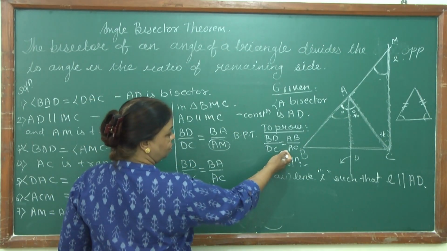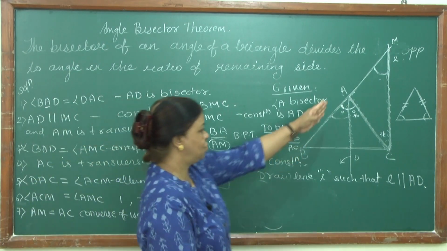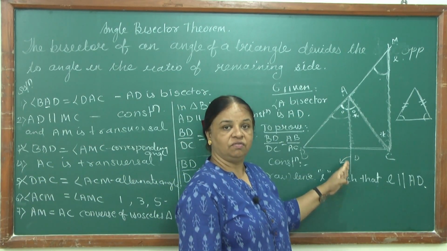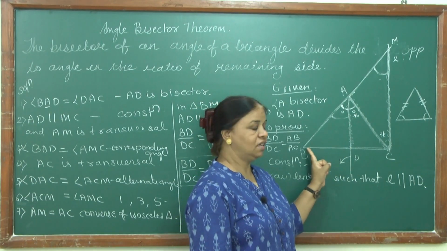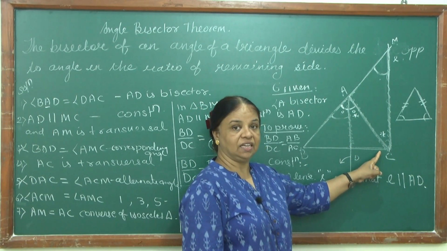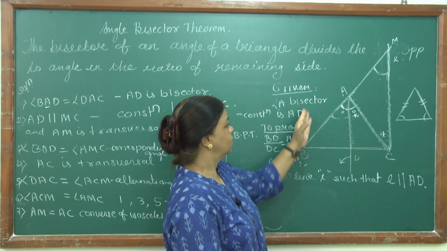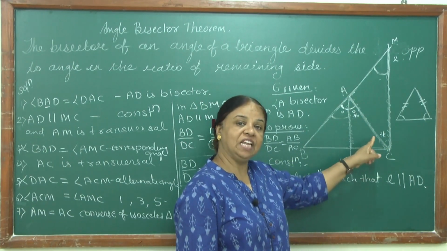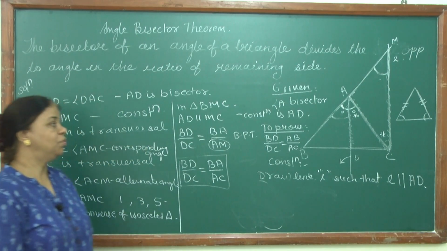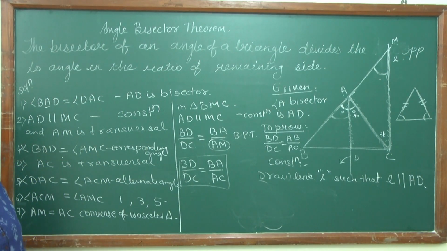That is what we wanted to prove. Hence proved. So if a line is drawn which bisects the angle, it will divide the third side of the triangle in one ratio, and that ratio will be equal to the ratio of the other two sides, the ratio of remaining sides. Hence proved. You can pause children, you can rewind and you can watch the video and learn it.